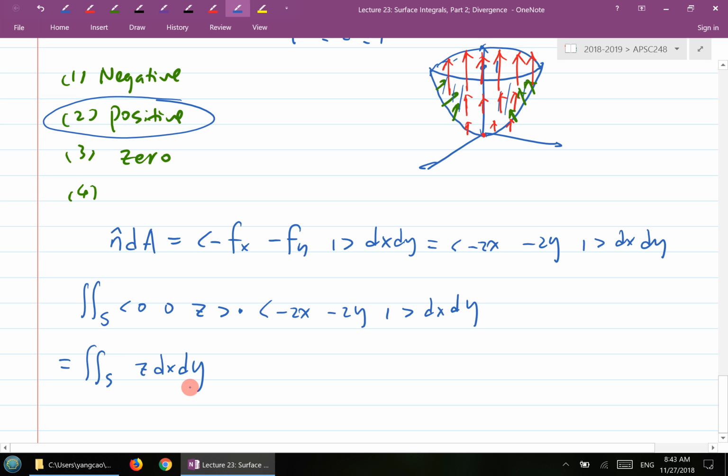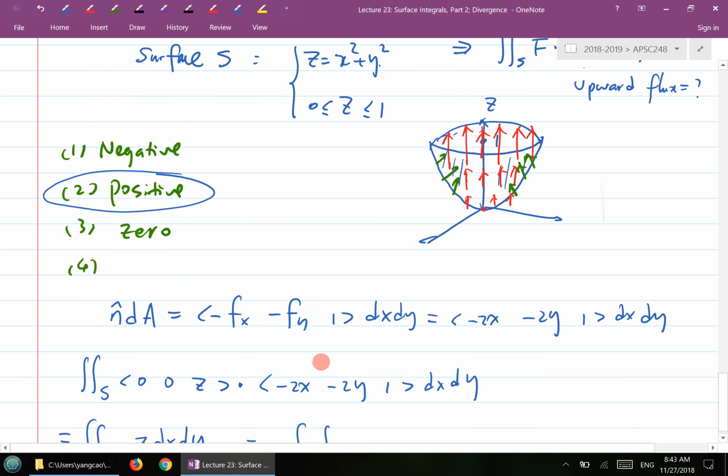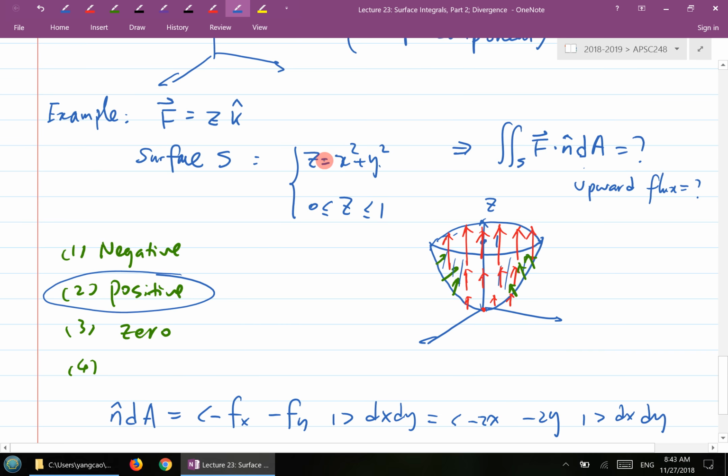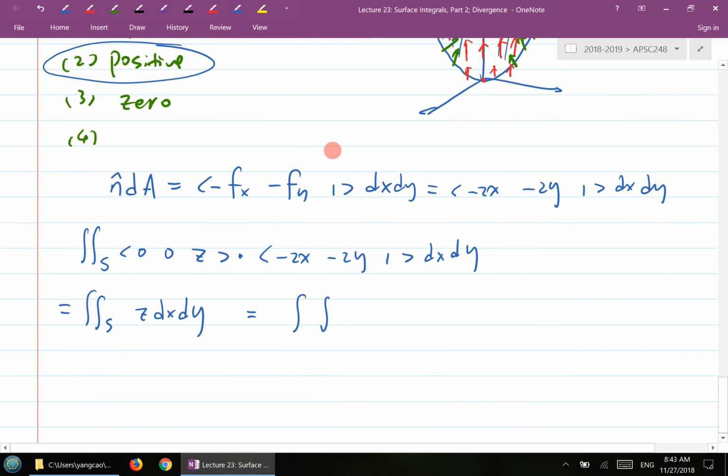So z dx dy. And this is exactly the kind of scenario I'm talking about here. You have a mixture of x, y, z. You cannot have a z here because you have only two variables, x, y. You have to get rid of the z. So, as I mentioned, you replace the z with the surface function, because you're integrating over the surface. So here's x squared plus y squared, dx dy, over this surface S.